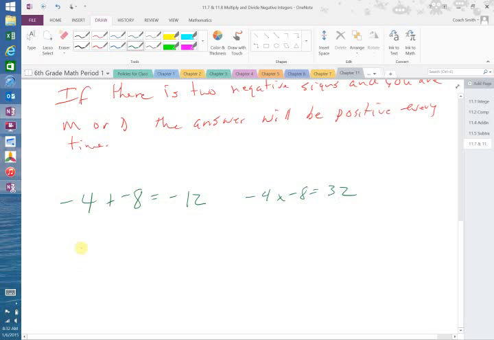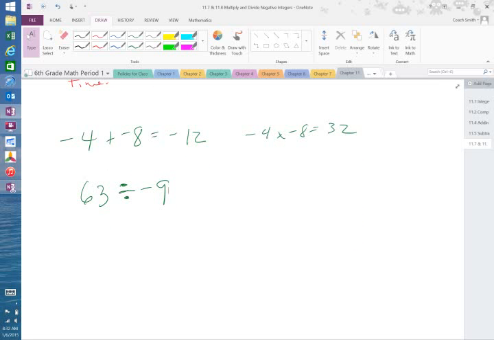Okay, so if I have 63 divided by -9. Okay, how many negative signs do I have? 1. That means it's going to be a negative or positive answer? Negative. 9 goes into 63 how many times?